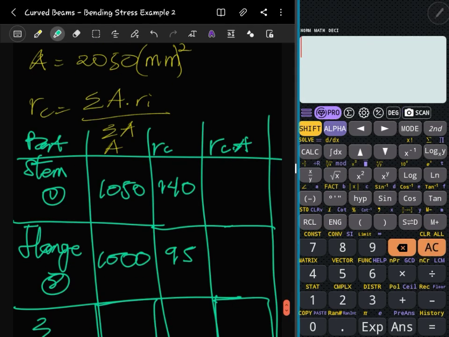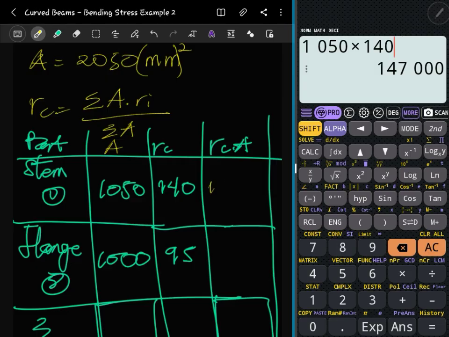So now we just need the product. 1050 times 140, that's 147,000, and this is in mm squared, this is in mm, and this is in mm cubed.